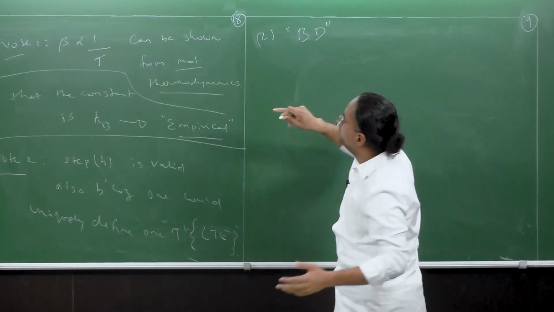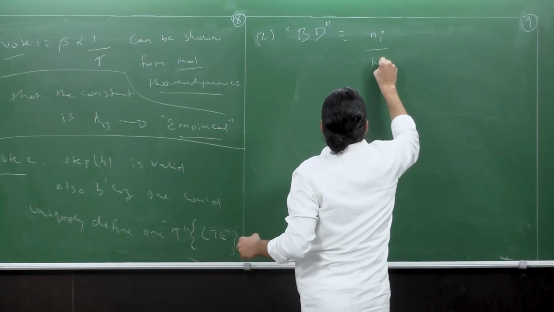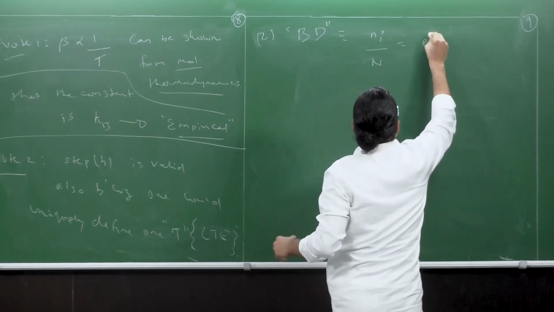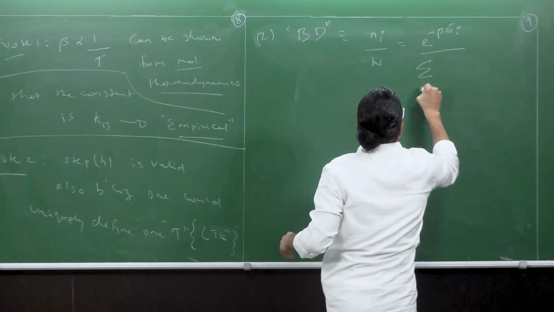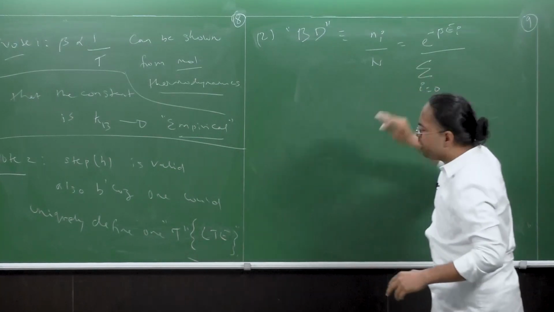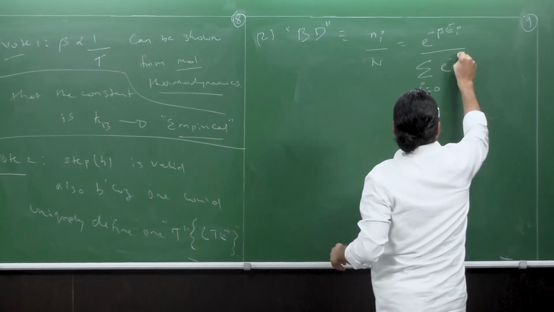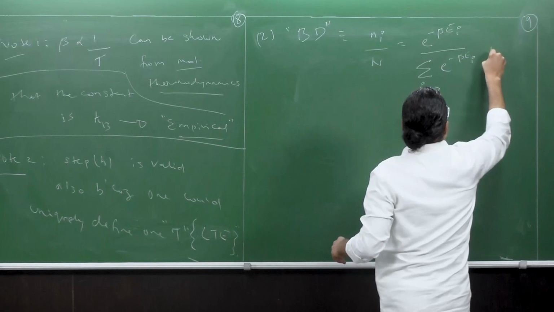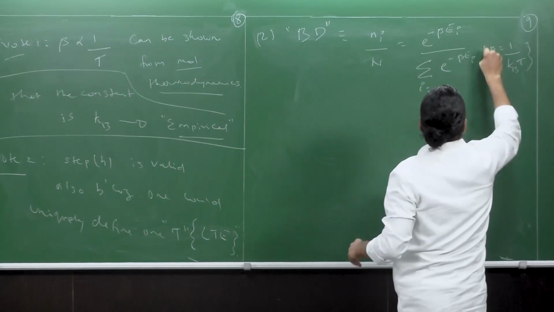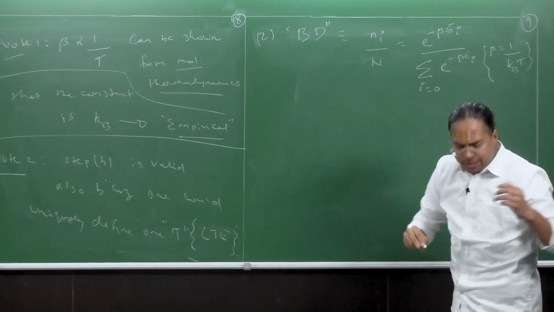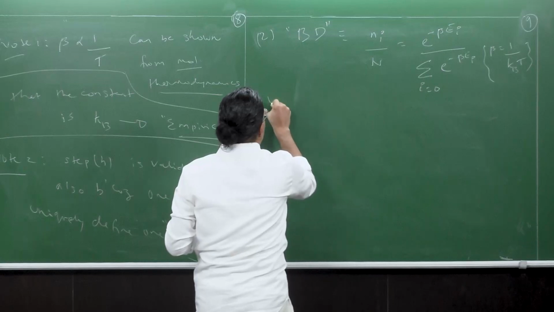BD for Boltzmann distribution is given by N_i by N is equal to e to the power minus beta E_i divided by sigma over i equal to 0 to whatever the upper state is, e to the power minus beta E_i, with beta equals 1 over kBT. Now the next question that we should be asking is, what is the relevance?